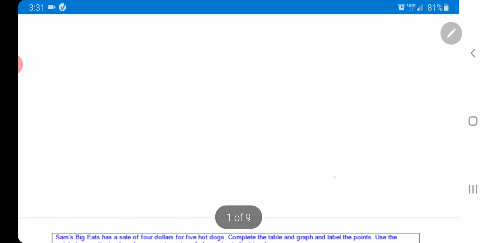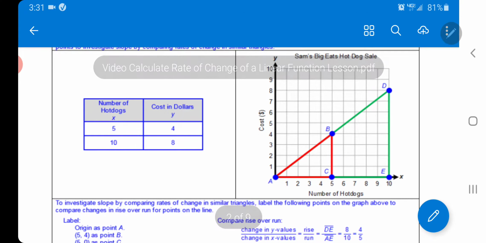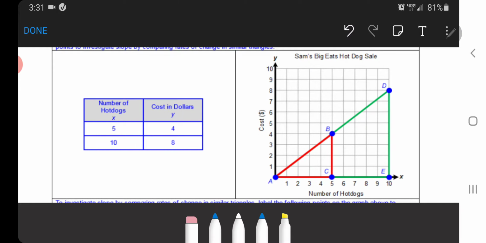Okay. So getting into this, let's look at a couple examples of what I'm talking about. If we went by change in y over change in x, I can see my y here, and here's my x. If you notice, from 4 to 8, that's a change of a positive 4. And from 5 to 10, that's a change of plus 5.